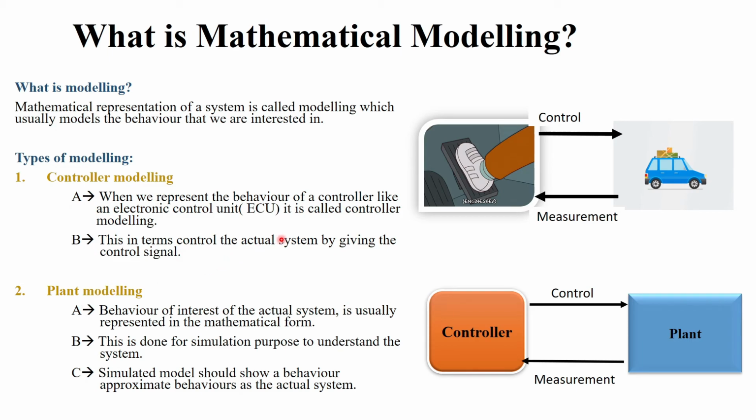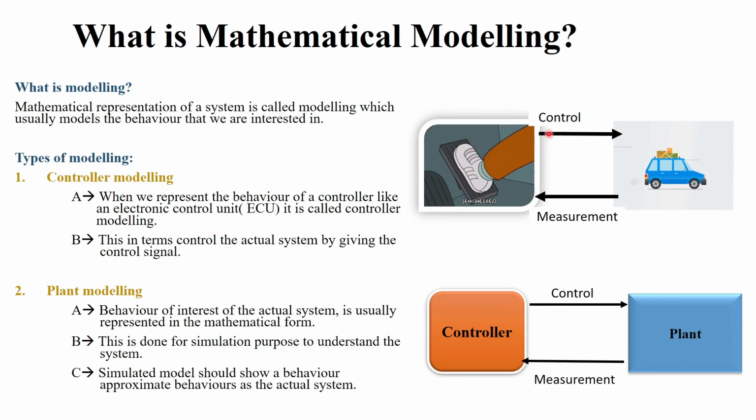As in this example, you can see I have a vehicle which I need to control, and I am pressing my brake pedal, and it is moving in a different direction, and then I am measuring the corresponding variable, then I am doing it again, and I am trying to control it.